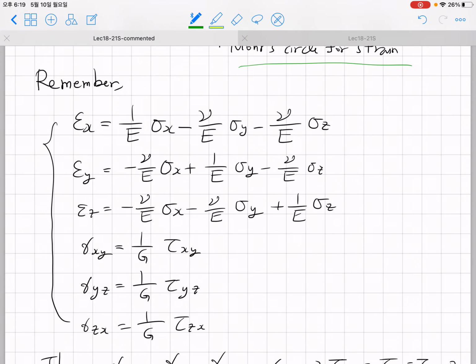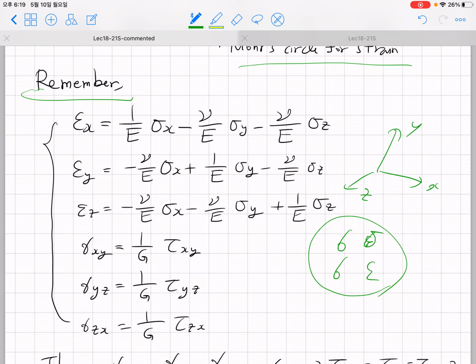So let's go back to the basics. We learned about the generalized Hooke's law in chapters 1 and 2, and here what we learned was the following. When we have some coordinate system x, y, z, suppose that we measure 6 stress components and 6 strain components, and we discuss the relationship between strain and stress.